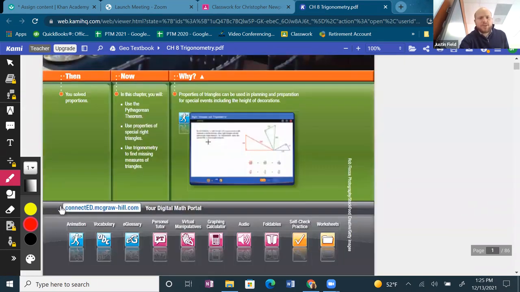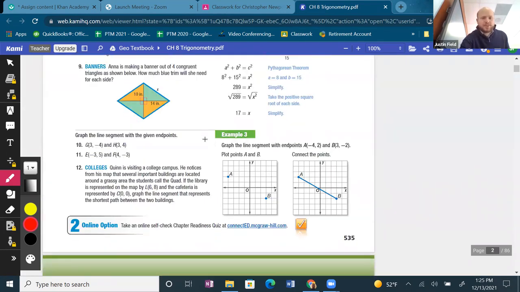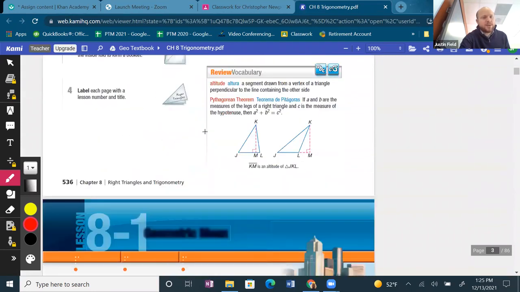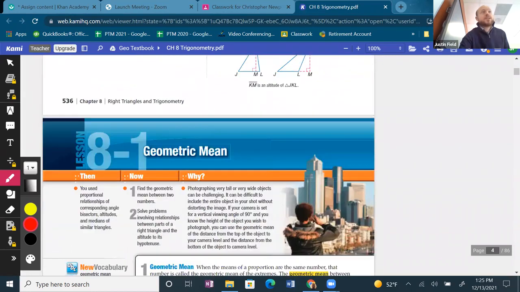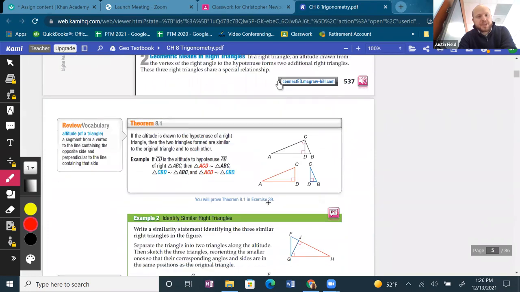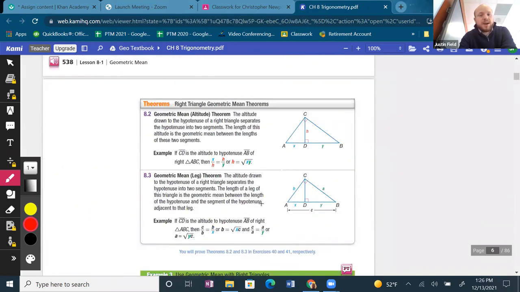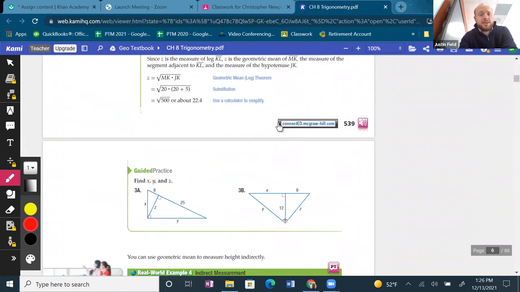So this is about triangles, and that is why we're skipping to chapter 8, because we could go into quadrilaterals, but that would mean more proofs. So I want to take a break from proofs, and I hope you don't mind. So geometric mean is important, but we're going to skip it.